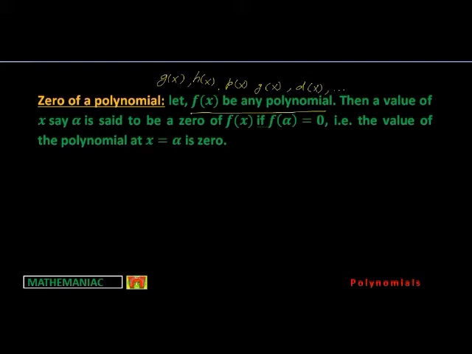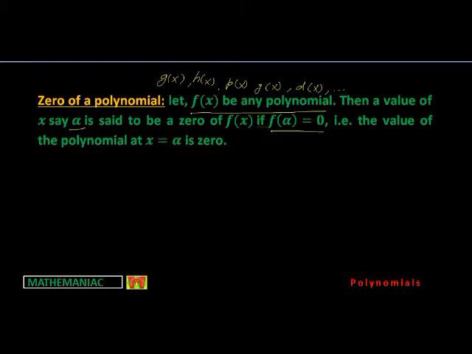Then a value of x, say alpha, is said to be a zero of this polynomial if f(alpha) is 0. It means if you replace x by alpha and find the value of the polynomial and it becomes 0, then this particular alpha is said to be a zero of the polynomial.